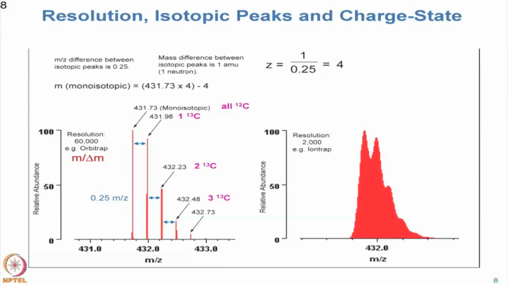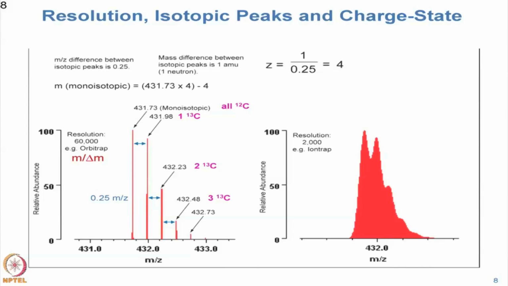Now it's also kind of complicated when you compare one instrument from one manufacturer to one from another, because although they all use the measure of resolution, the resolution is not uniform across the mass range of an instrument. And the particular manufacturers don't necessarily quote their resolution at the same mass.